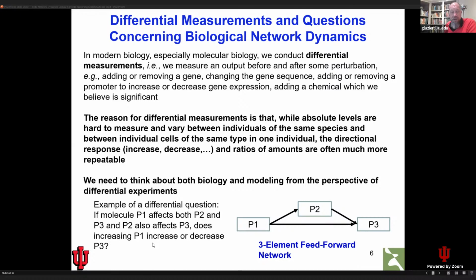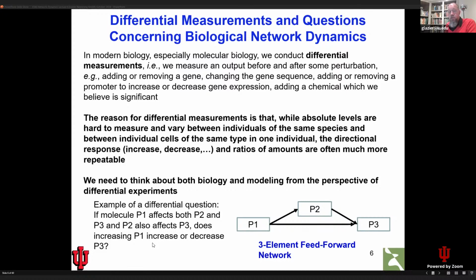If we can quantify not the absolute amount, but at least we can get ratios, we'll often express our results in terms of what are called fold changes. The amount of this molecule went up by a factor of 3, went down by a factor of 5. And thinking about differential measurements is fundamental to the way biological experiments are done.